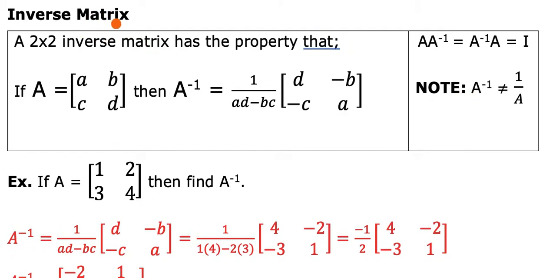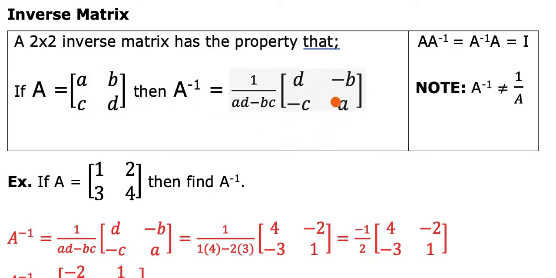Next, the inverse matrix. I'm going to first state that this is a formula or technique that applies specifically to a 2 by 2 matrix. So therefore, if A is defined as [a, b; c, d], then A inverse is equal to the following. This value up front is called the determinant, and it's evaluated as 1 over (a times d minus b times c).